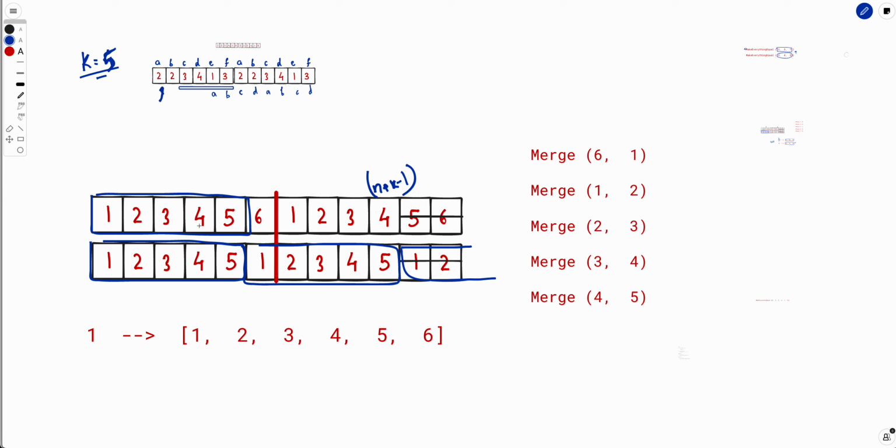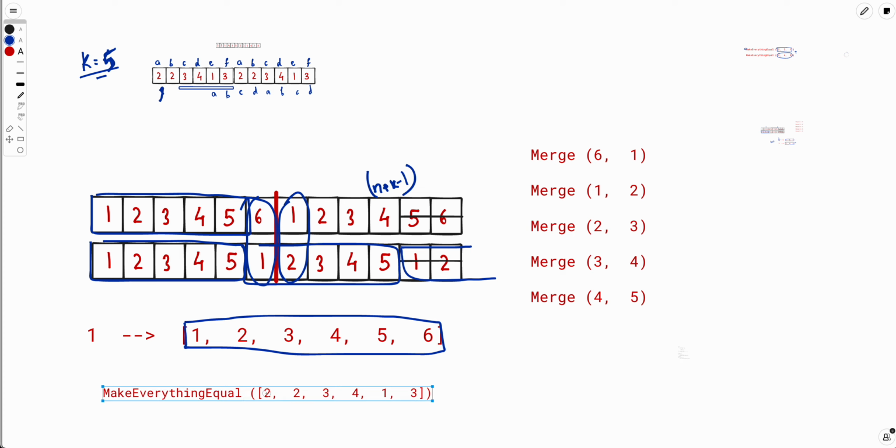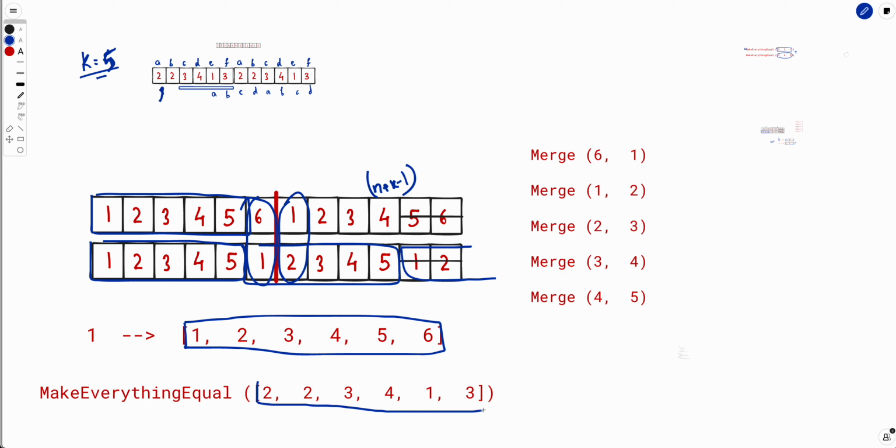To make that happen, we figured out that it is necessary for these elements to be equal, otherwise it is not possible, right? At the end, it's saying that all these indexes should have equal value. In other words, we need to figure out how many operations are required to make this entire array equal to a particular number x, right? And this is something we know how to calculate. So I hope this entire problem now makes sense.